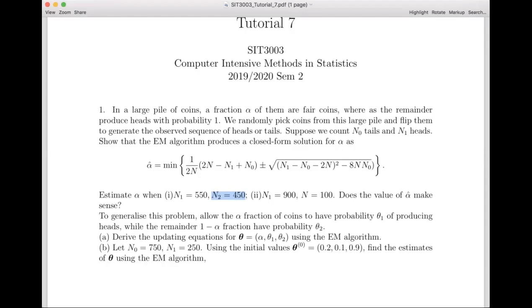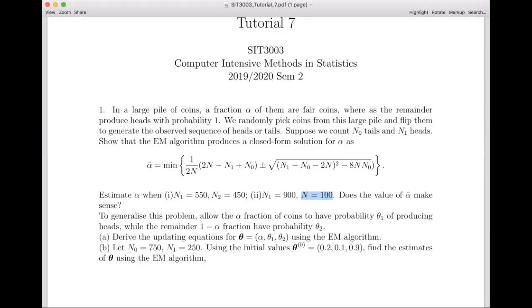How about the second one? The second one, you get a lot of heads, right? But very few tails. So it's the reverse situation, right? A lot of these heads are actually coming from the biased coin, right? Because your tails are only like 100 of them. So roughly this may be something around only 20% of fair coin, I think. Well, maybe let me see. You may only have about half of them, right?